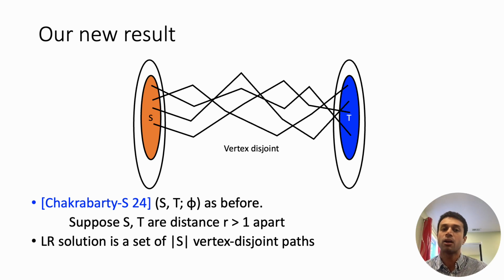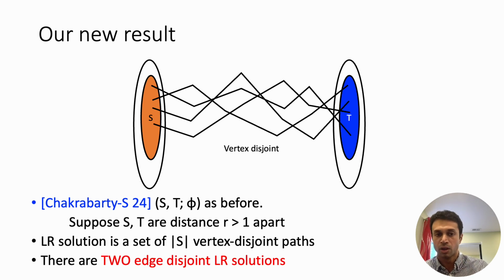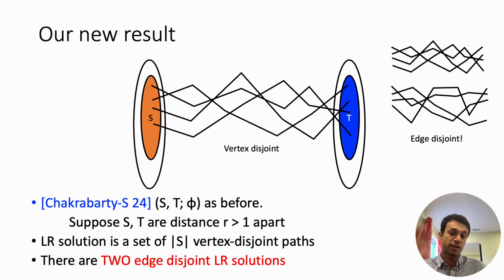And let me say an LR solution is a set of cardinality S vertex disjoint paths. So the LR theorem says there exists an LR solution. What we can prove is actually there exist at least 2 edge disjoint LR solutions. So remember, LR solutions are cardinality of S vertex disjoint paths. And we can actually find 2 edge disjoint copies of this.